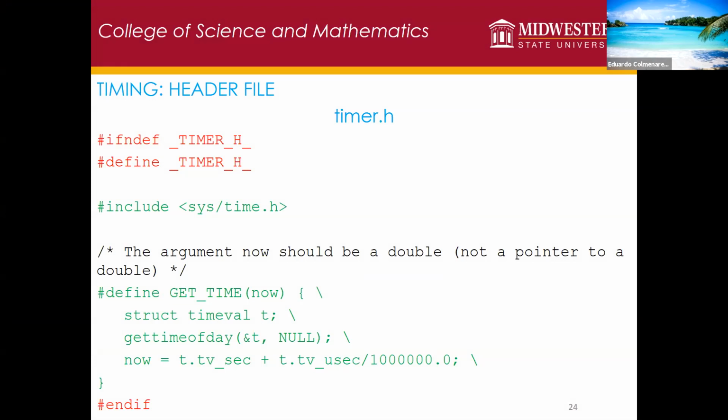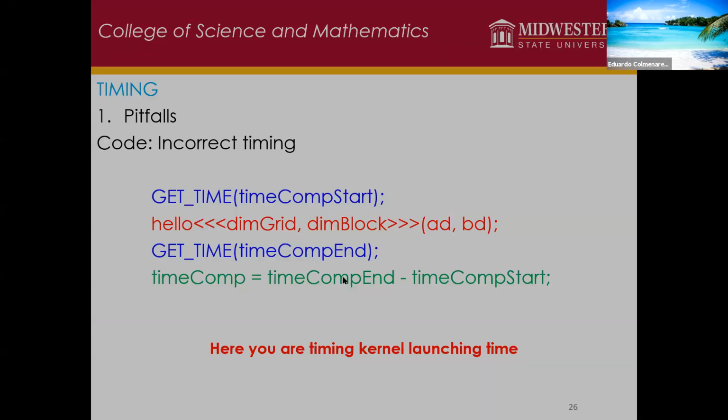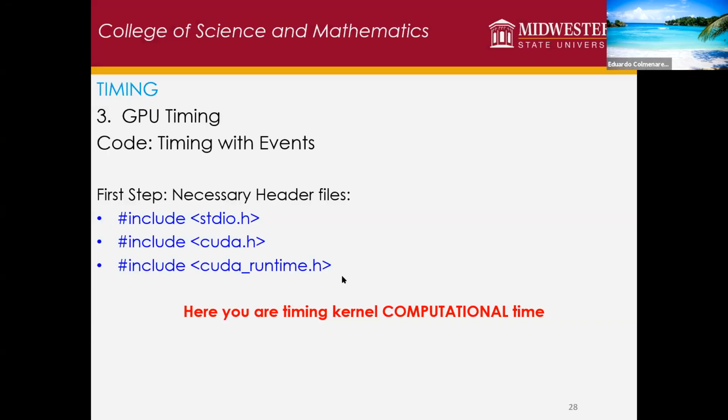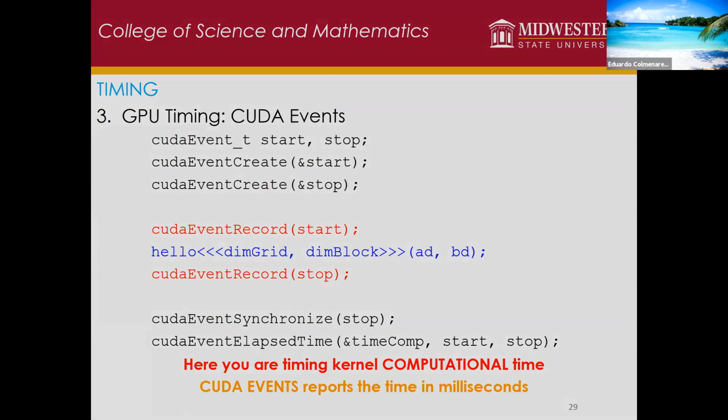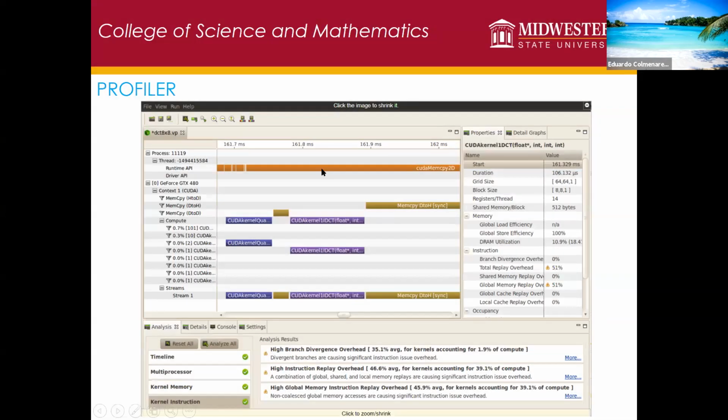One of the things that students have learned in the class is how to time GPU applications. In the research, the students are going to be working with what you are seeing here on screen. There is a profiler created by the manufacturer that will allow the students to see things like this.